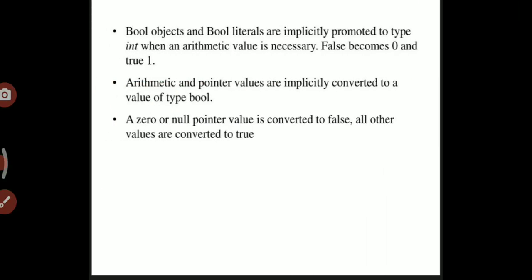Boolean objects and Boolean literals are implicitly promoted to type int when an arithmetic value is necessary. False becomes 0 and true becomes 1. Arithmetic and pointer values are implicitly converted to a value of type Boolean. A 0 or null pointer value is converted to false, and other values are converted to true.